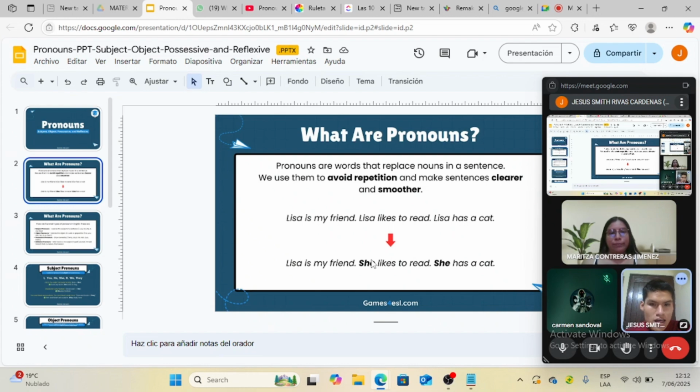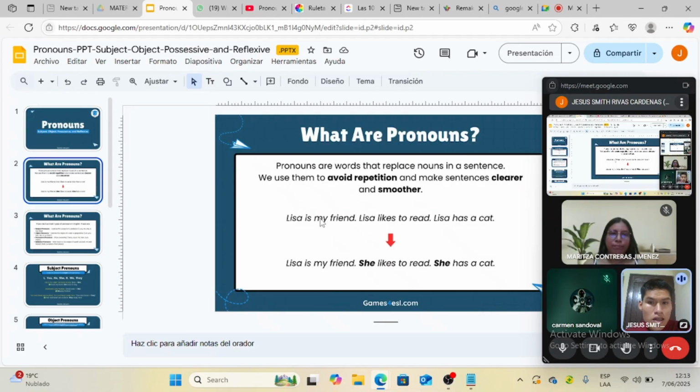She is the subject pronoun that replaces the noun Lisa because Lisa is a feminine noun, so we have to use she. But also, Lisa is in the third person, so we have to use she because of all of these reasons. And as you said, she is used to avoid repetition.